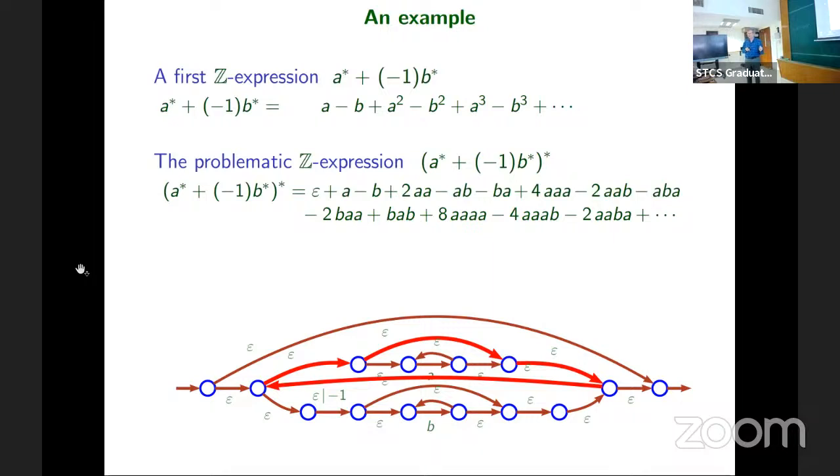In the definition of the weighted expression, you had a multiplication for every path, and then you sum over all the paths that take you from the initial state to the final state.